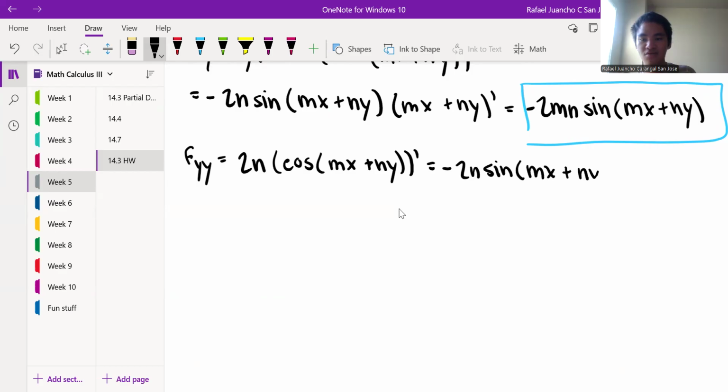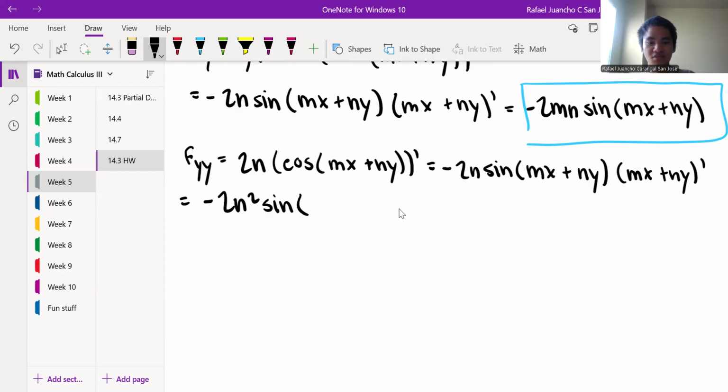I take the chain rule, and what am I left with? My y is a variable, my x is a number. So I'm left with negative 2n squared sine of this. And we're done.